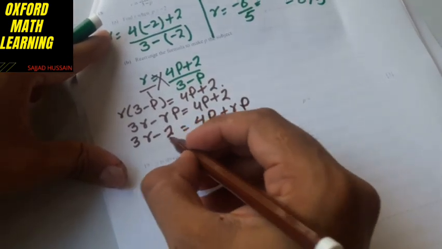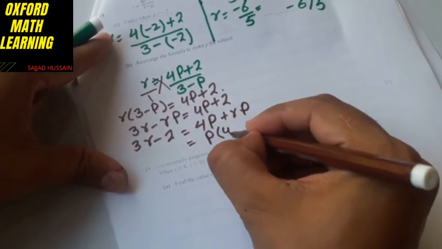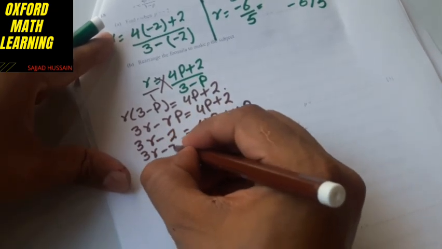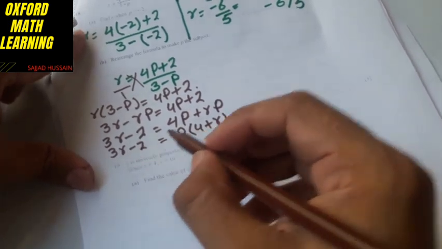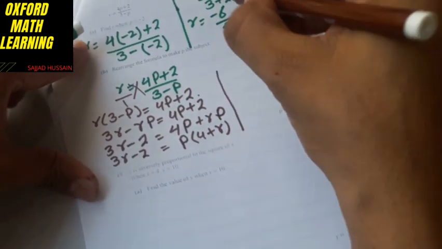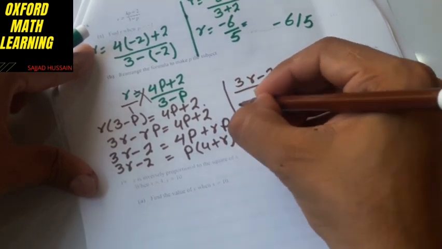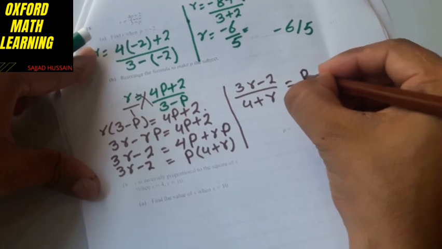Okay, now we will take p as common. This will become 4 plus r, and this is 3r minus 2. So 4 plus r is multiplying with p, will divide on the other side. Then this will become 3r minus 2 over 4 plus r is equal to p.